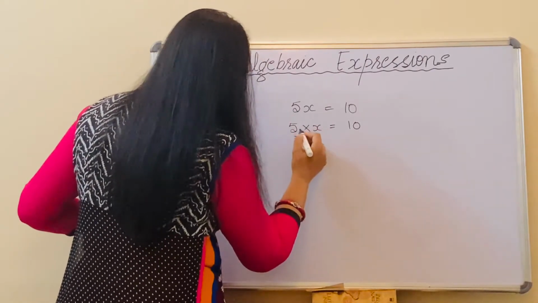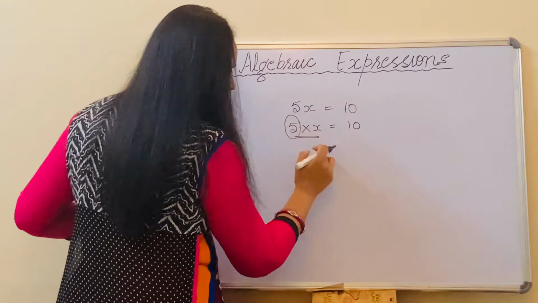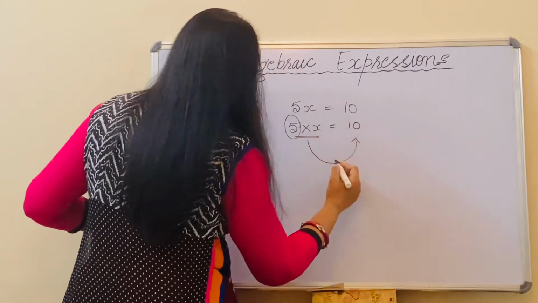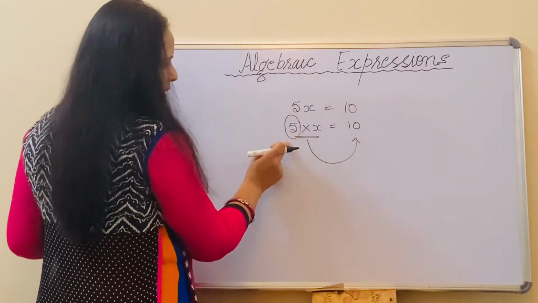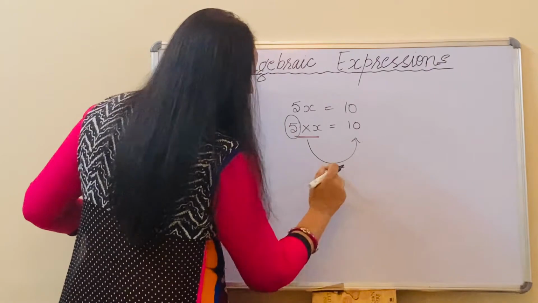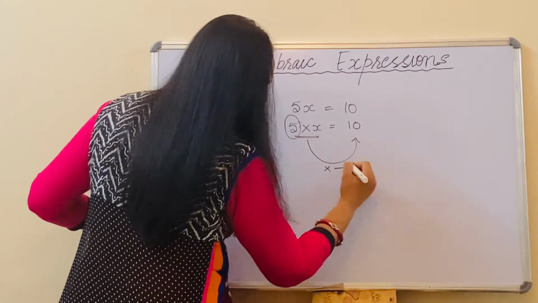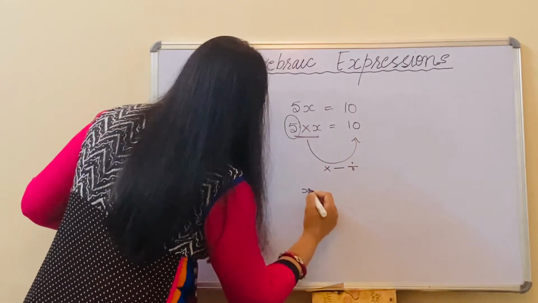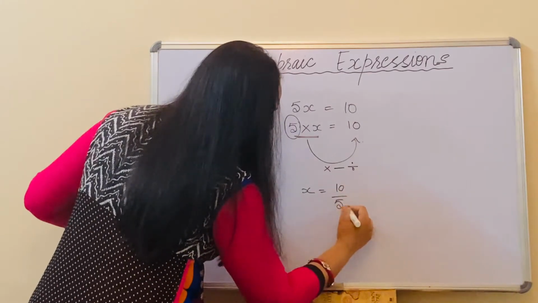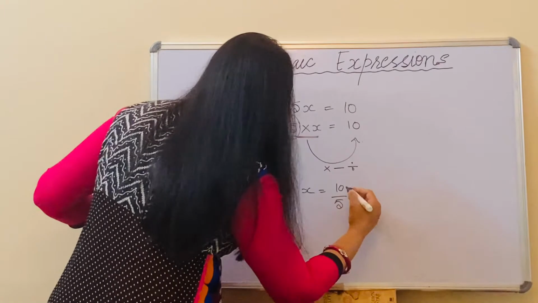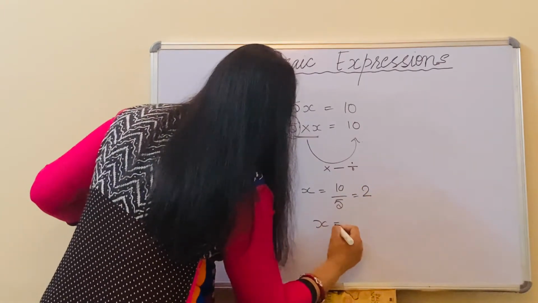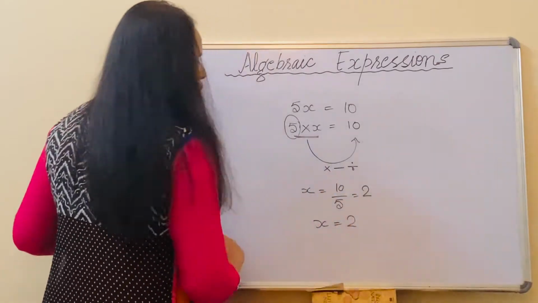When we transfer this 5, that is the constant value, to the right hand side, it becomes division. Multiplication gets transferred to division. So the value comes out to be x is equal to 10 divided by 5, which, simplifying it, will get 2. The value will be x is equal to 2.